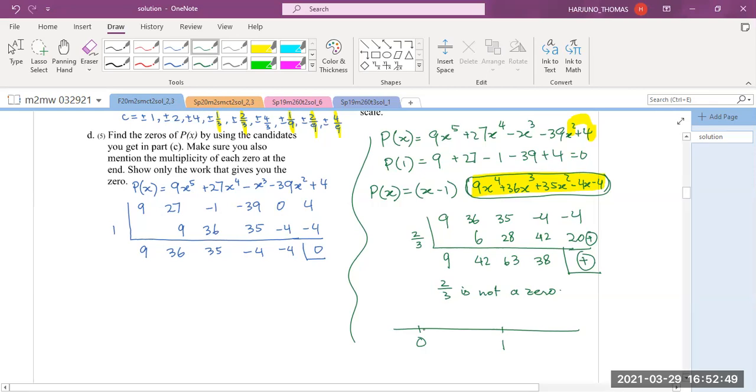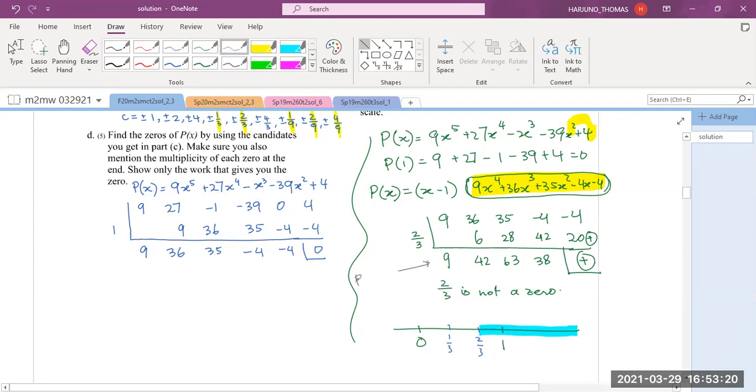In this interval, we have 1/3, 2/3, 1/9, 2/9, 4/9. Now, from the synthetic division, it turns out that there is no more 0 to the right of 2/3. How do we know, Thomas? You may want to take a look at the boundedness theorem.